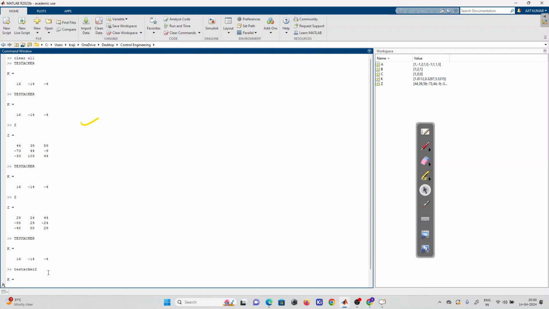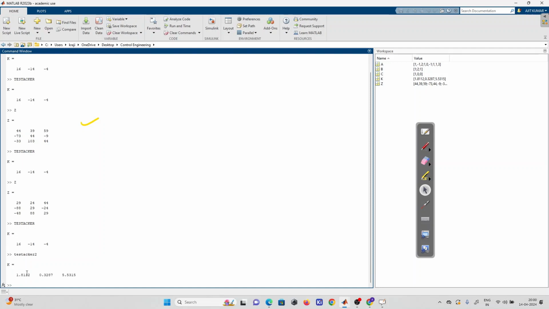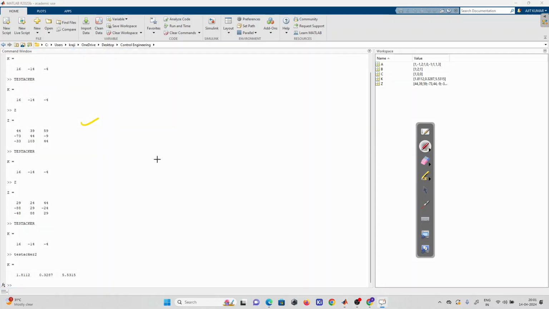Is it visible, this value 1.812, that last value? Yes, sir. We are getting K is equal to 1.8112, 0.3287, and the third value is 5.5315.